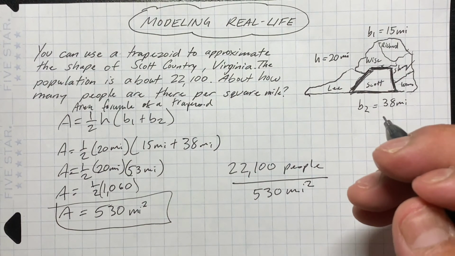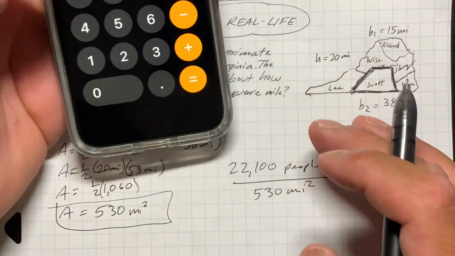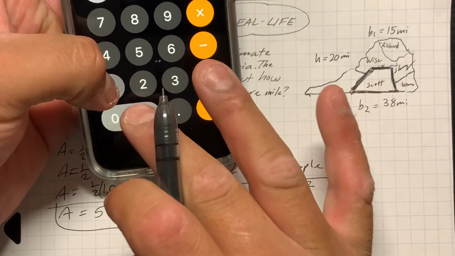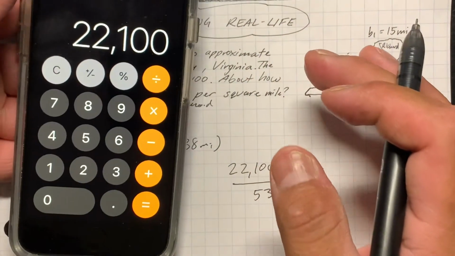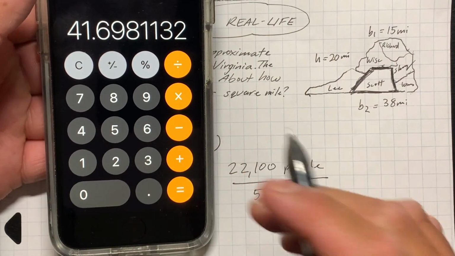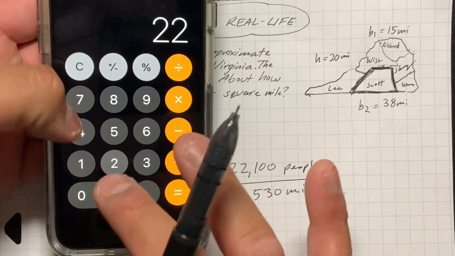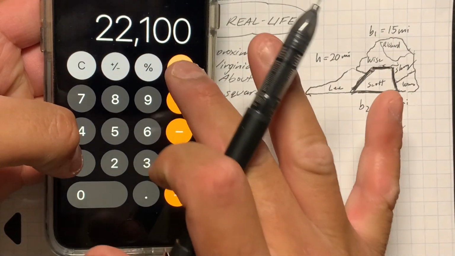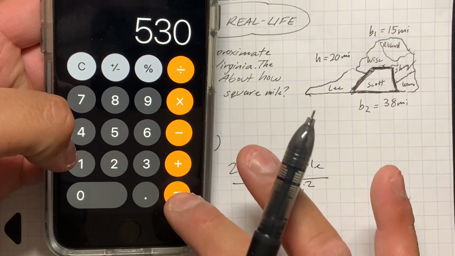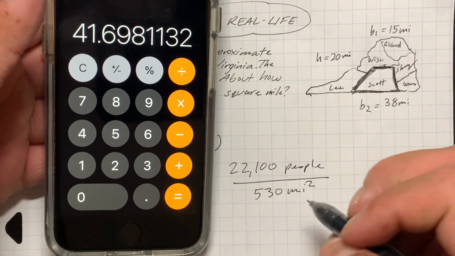Let me get my calculator. 22,100 people is our population, and we divide that by 530 square miles. Oops, let me do that one more time. 22,100 people divided by 530 square miles is 41.69. We can round it up to 42.